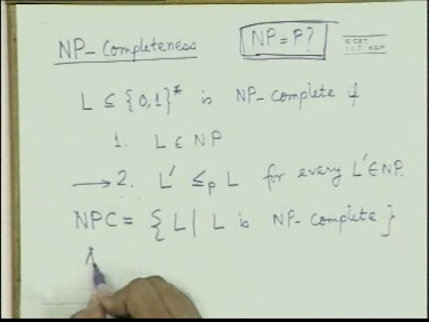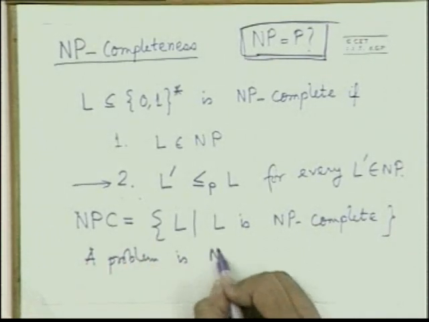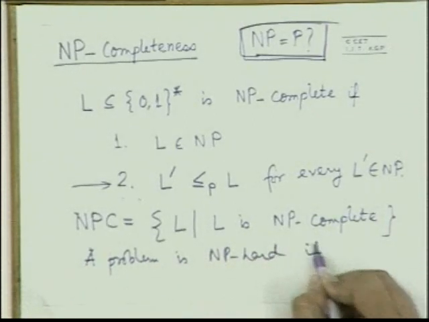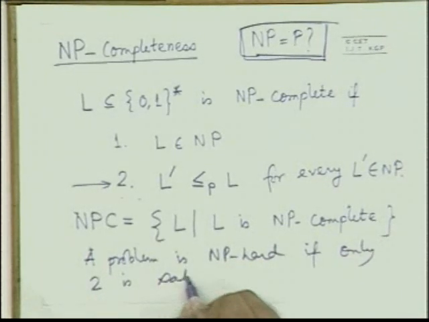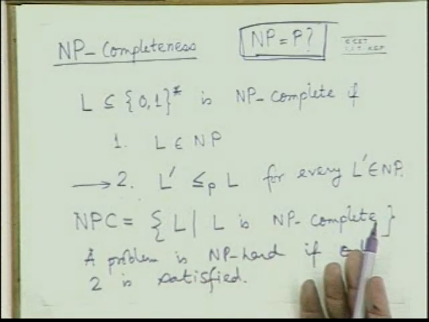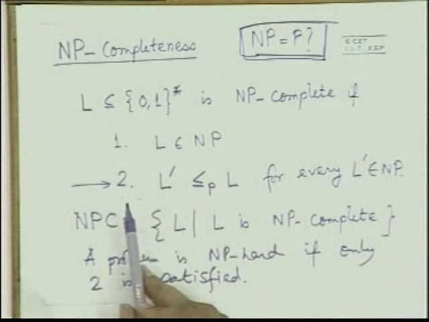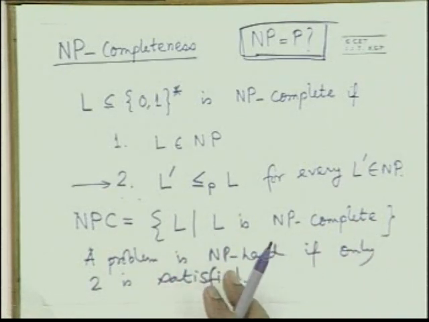So a problem is NP hard if only 2 is satisfied. So definitely all NP complete problems are also NP hard, because by definition, if 2 is satisfied, we say it is NP hard.